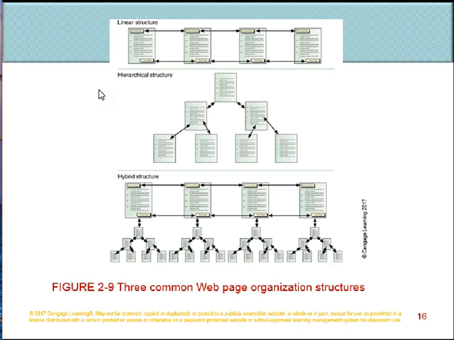There's linear, where one page points to one other page only, and that's useful for forms where you're going to go from part A of the form to part B to part C to part D. You also have a hierarchical structure like we might have for our website organization, where you go to a landing page, and from there you can go to many other pages, and each one of those other pages can lead you to many other pages as well. And of course there's a hybrid structure for that as well.